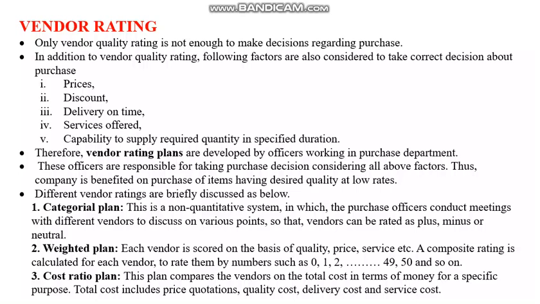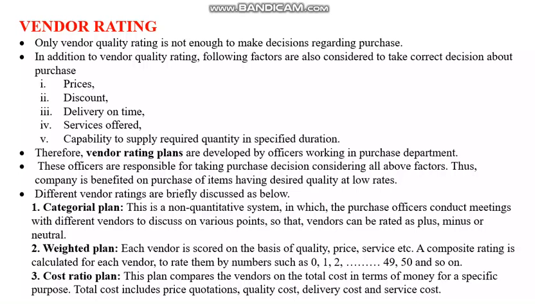Like we say, this student scores 95% marks, this student gets around 60% marks. That is how the rating of students is done. Similarly, vendor rating is also done in the same fashion. That is a weighted plan, on the basis of marks or some weightage of points.